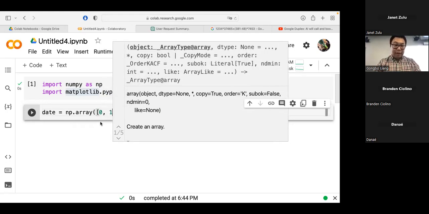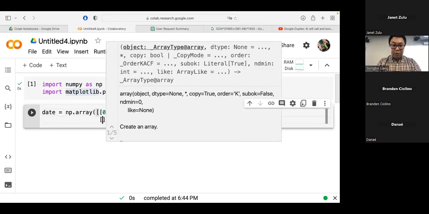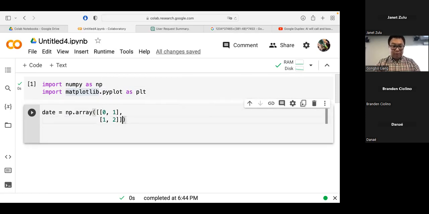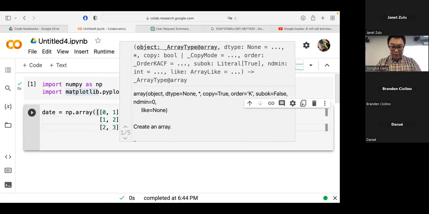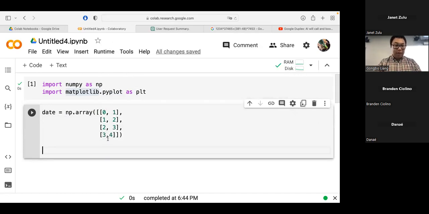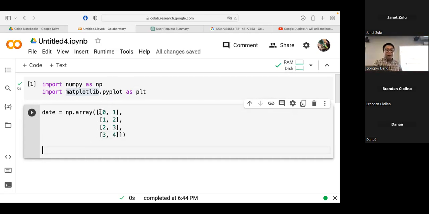It doesn't make sense at all, but it will be two dimensional. So 0, 1, then 1, 2, then 2, 3, and 3, 4. Now assume we have a data set with four elements, where the first one is the input and the second is the output, the target.